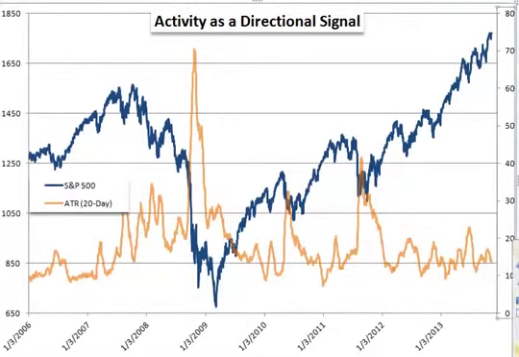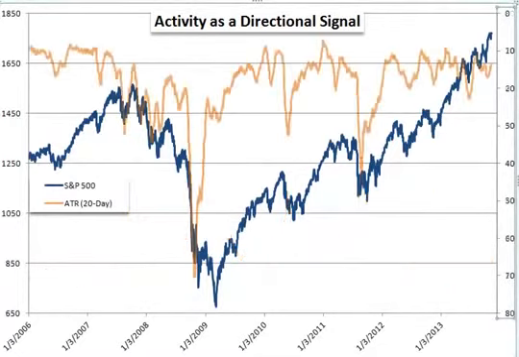If I were to flip this indicator upside down, you can see how the big rises in ATR coincide with the big drops in the S&P 500. Why would that be? Well, this is an indication that the declines we have in the S&P 500 are far more dramatic than the increases.